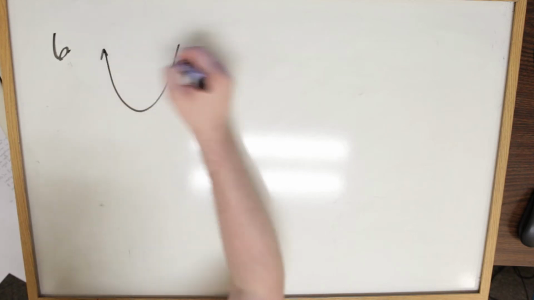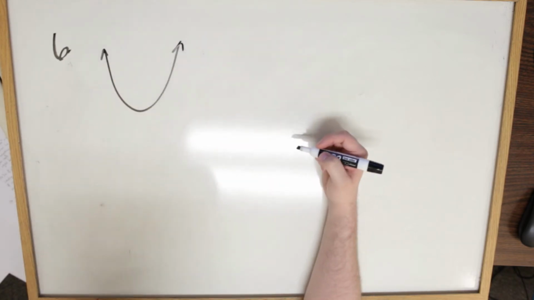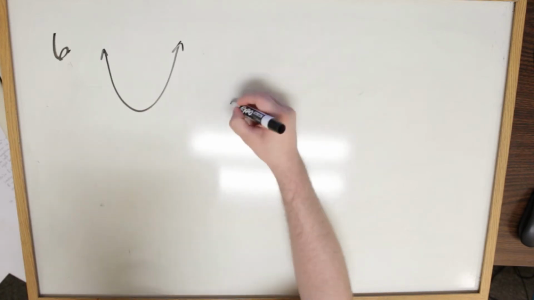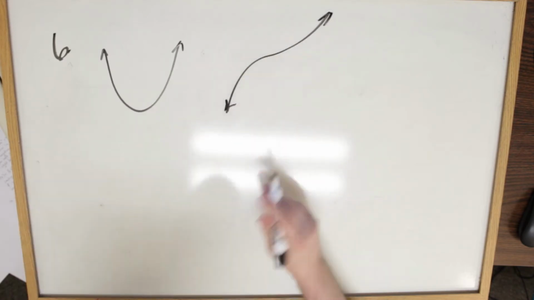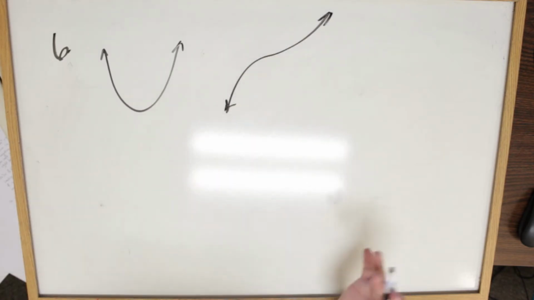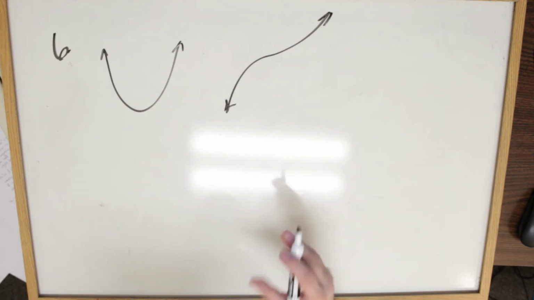Say it's like a little parabola looking thing. You can have something that is going to be like that. Okay, and again, these aren't exact. It's just kind of a basic representation of what it will kind of somewhat look like.